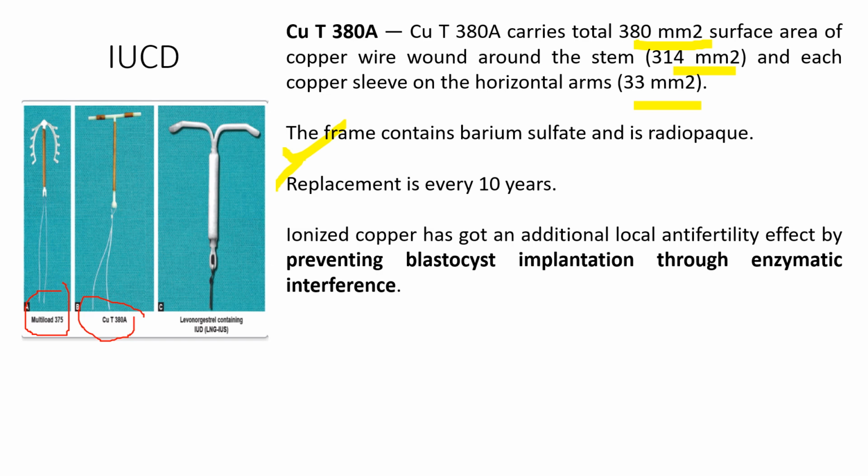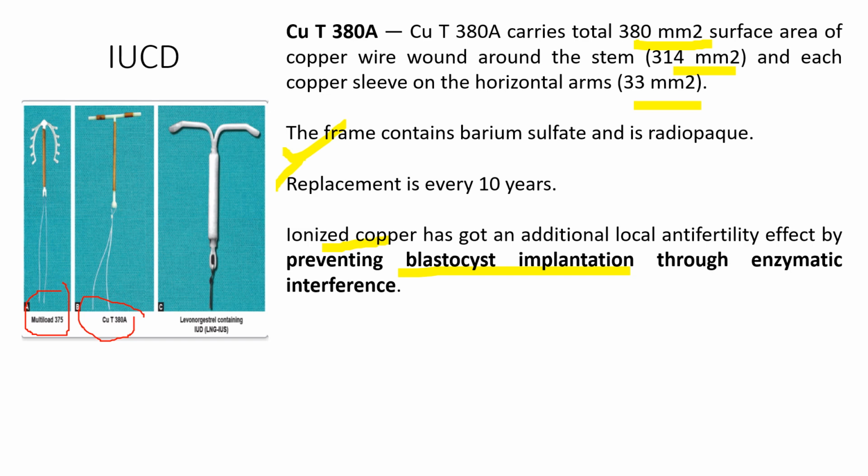Ionized copper has some additional local antifertility effect. We know that. All IUCDs have a common property: they cause non-specific endometrial inflammation and prevent the entry of sperm. In addition to that, ionized copper prevents the blastocyst from implantation.